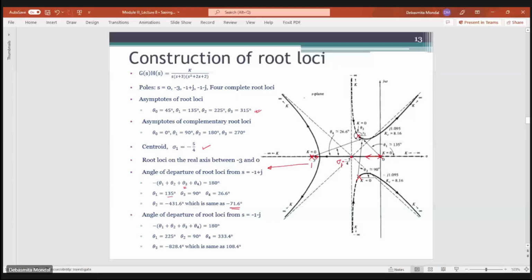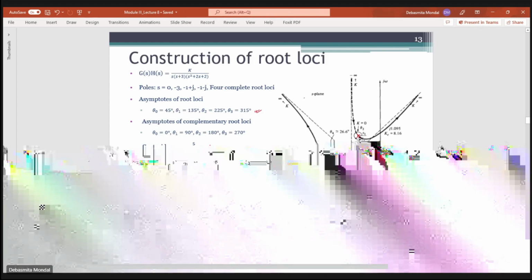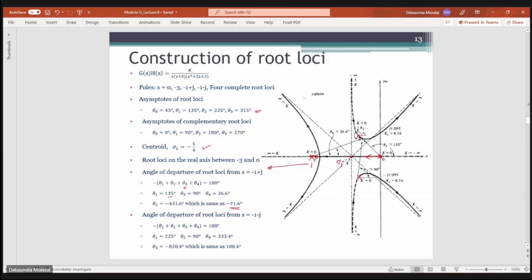So you can well understand that if these two root locus are moving towards each other, and the terminal point of these root locus is infinity, then something should happen.